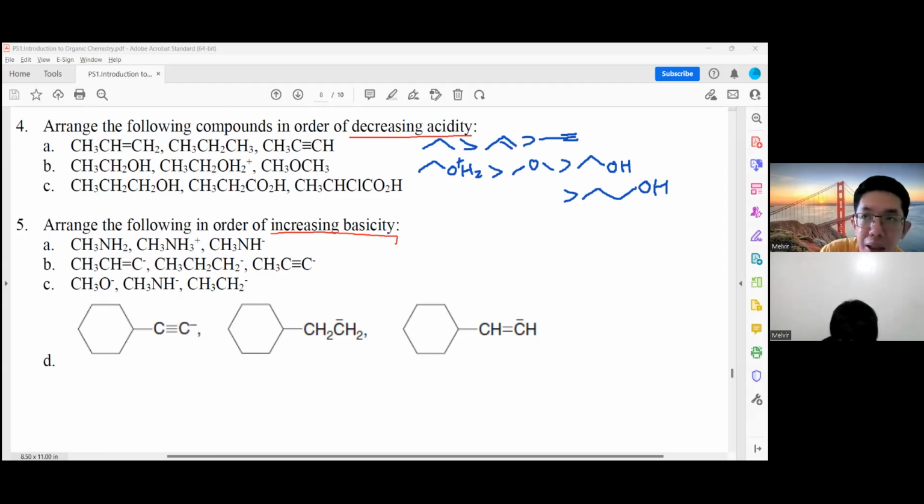You start first with the least basic, and then intermediate basicity, then the most basic. So sa number 4, Josh, ha, pinaka-acidic ang start.